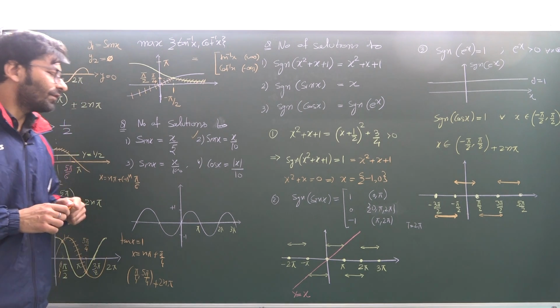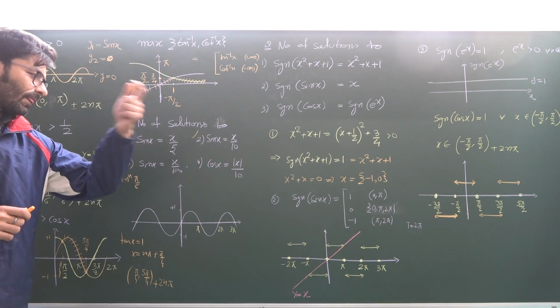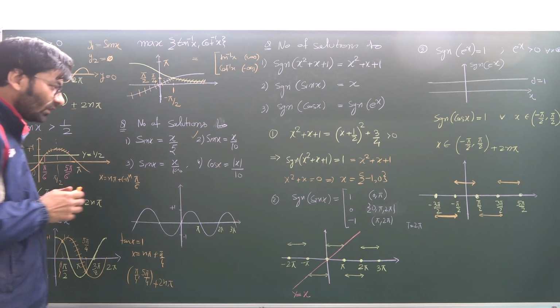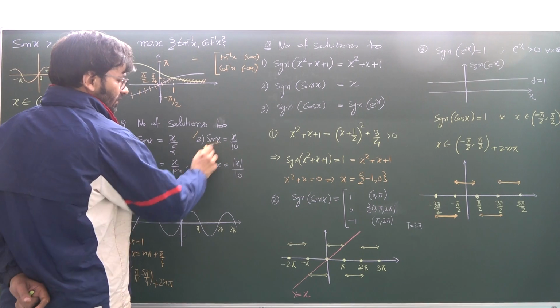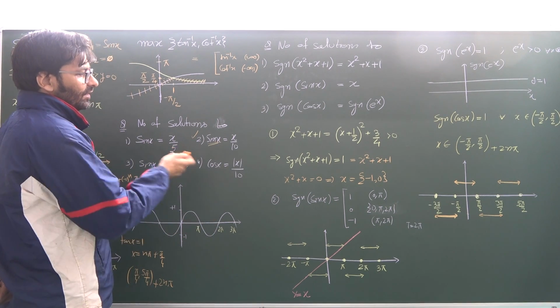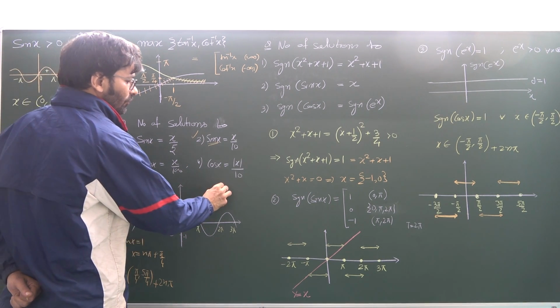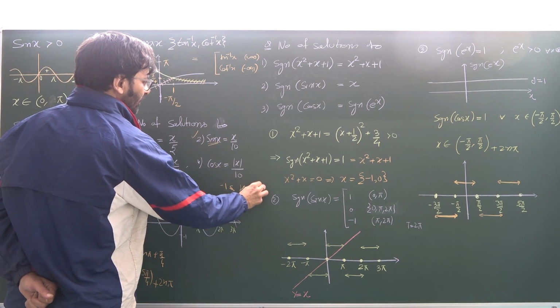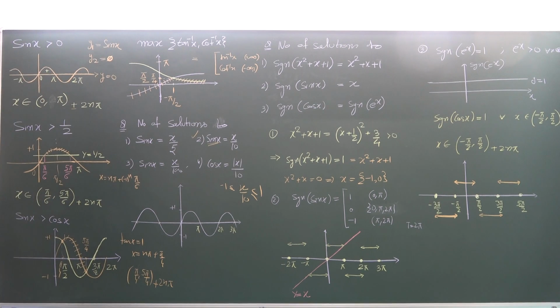So what we do, we draw sin x, which is a repetitive graph, and then x by 10. Now the interesting thing is, sin x is a bounded function and its range is -1 to 1, which means the only possible solution will lie when the right hand side is between -1 and 1.